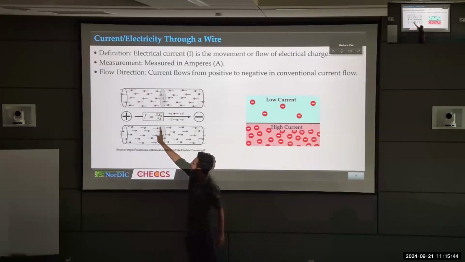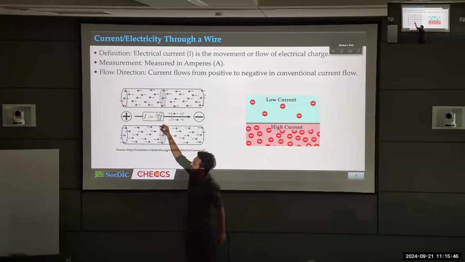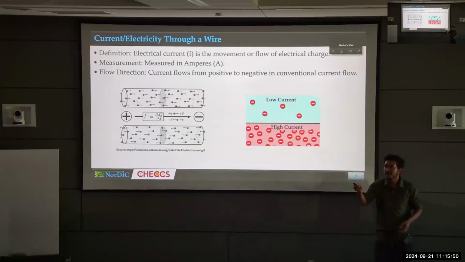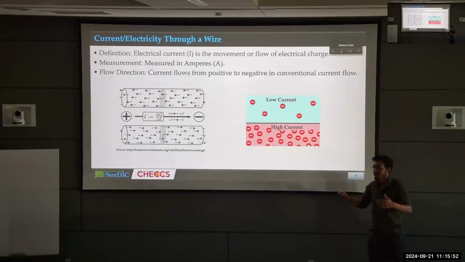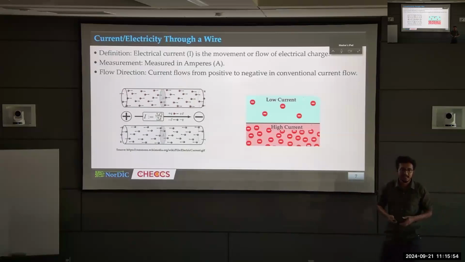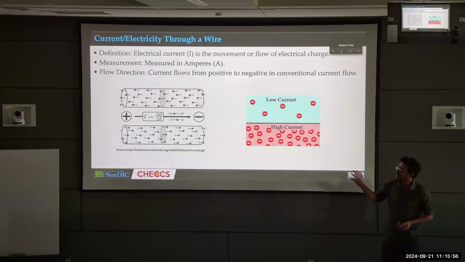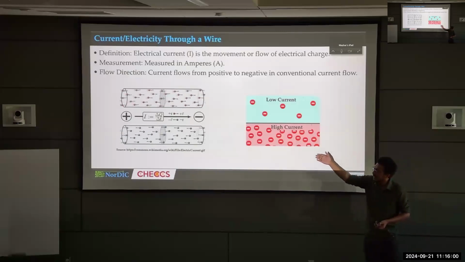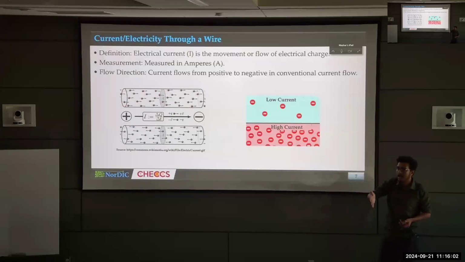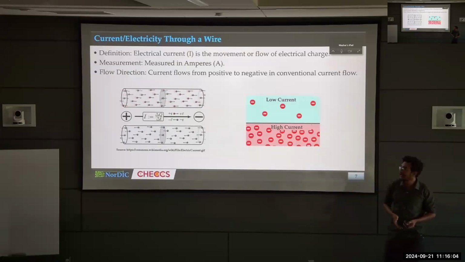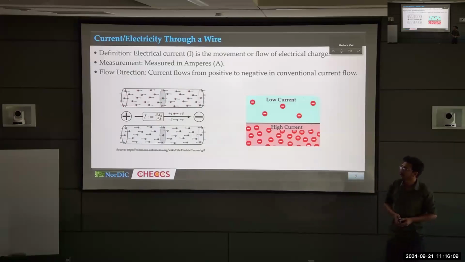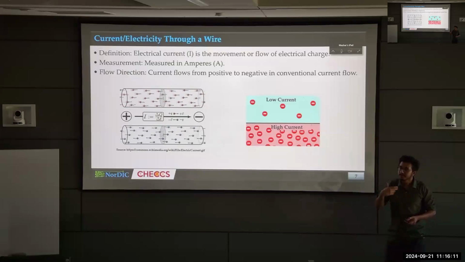For example, I am a traffic controller here, ready with my speed gun, and I am measuring how many cars are crossing me. Current basically tells you how many electrons are traveling through that particular hypothetical plane that we are imagining. So the more electrons are flowing, the more current flows.